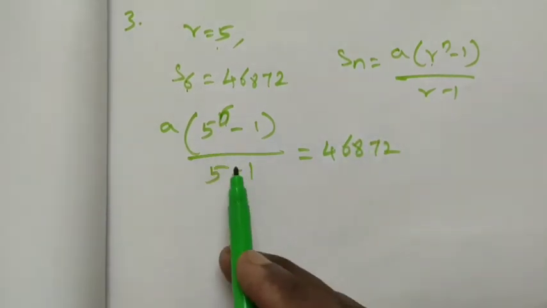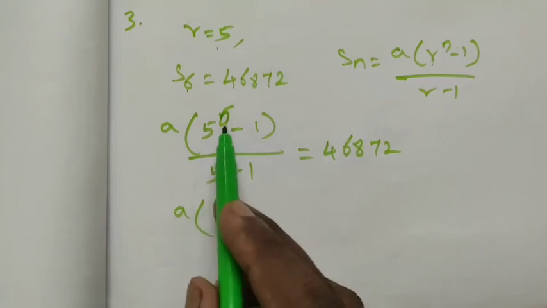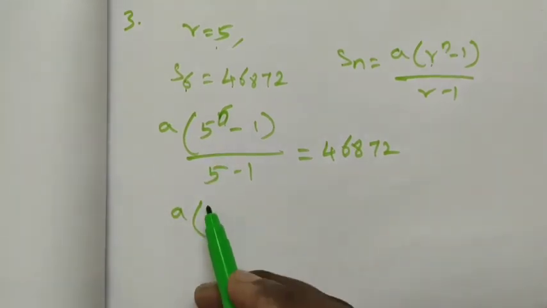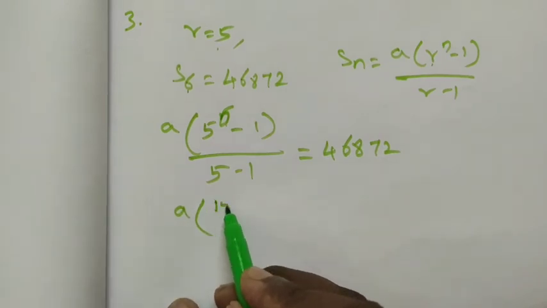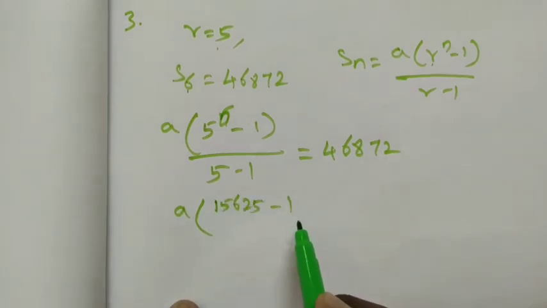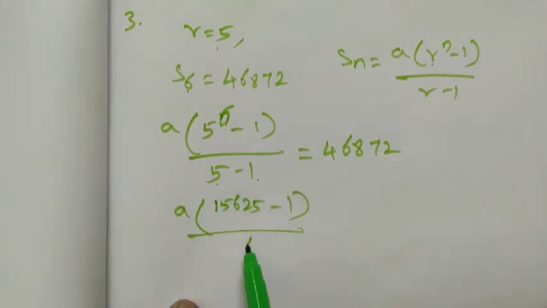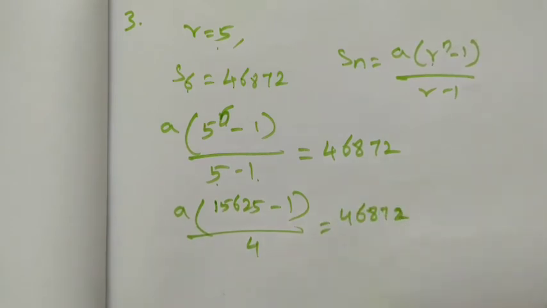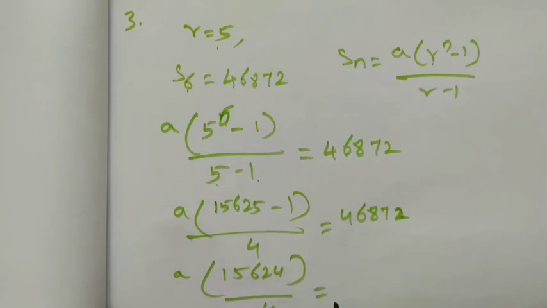And then A into 5 power 6, 5 into 5 into 5 and so on. When we multiply, 5 power 6 is 15625, minus 1, divided by 5 minus 1 which is 4, is equal to 46872. When I subtract, we get 15624 divided by 4.